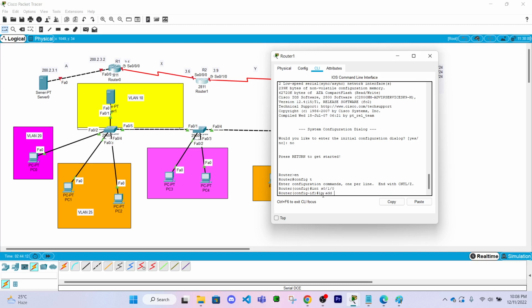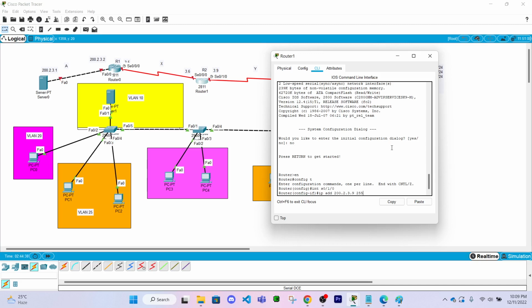IP address, and what is the IP address of this? The IP address is 3.9, so we write here 200.2.3.9.